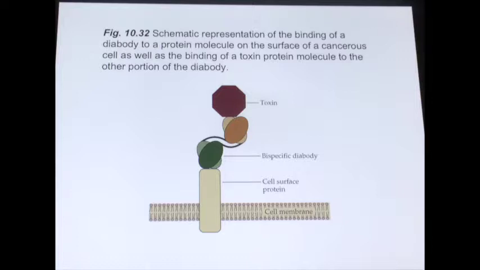I'll give you one other example, a variant on this, and that's shown here. This is a bispecific diabody. In other words, really two single chain Fv fragments coupled together covalently. One binds to a protein on the cell surface. The other binds to some sort of toxin.